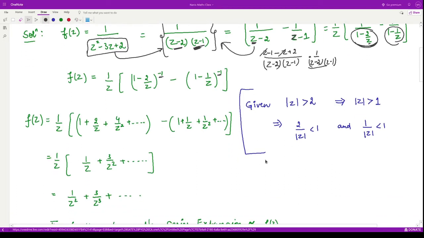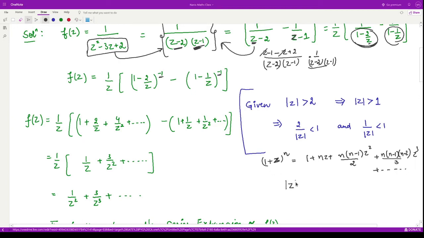Now we know 1 plus x raised to power n, or in fact I should say 1 plus z raised to power n, could be expanded into the series 1 plus nz plus n into n minus 1 into z square divided by 2, and then n into n minus 1 into n minus 2 divided by 3 factorial into z cube, and so on, right?